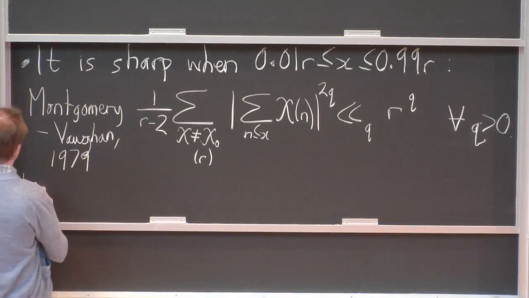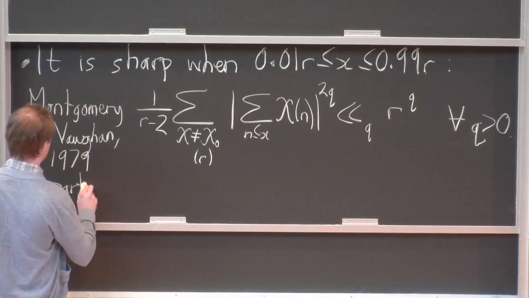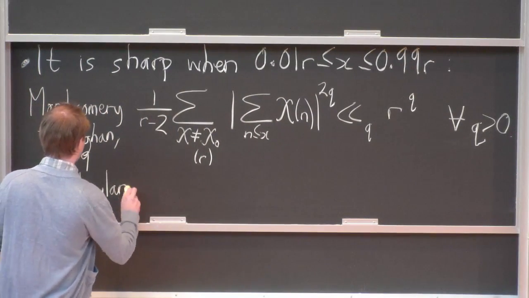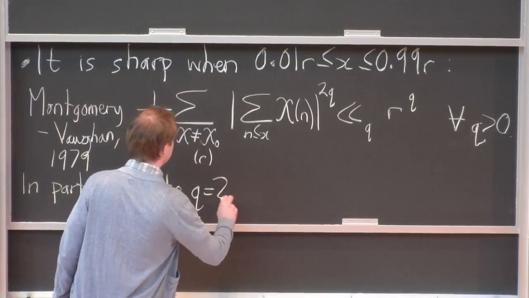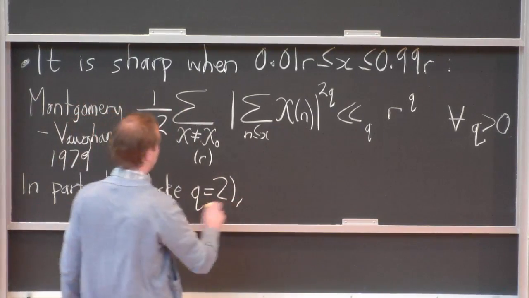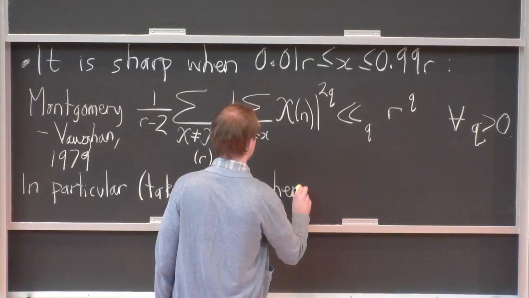Right, so in particular, I want to take q to be 2 and be on that range.